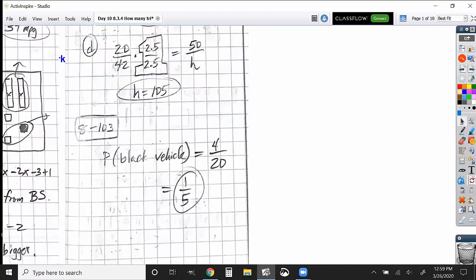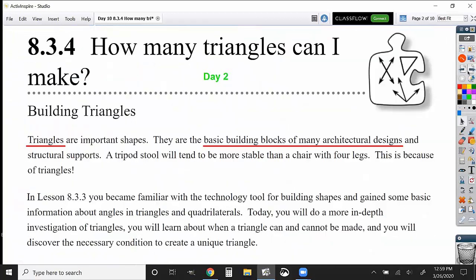All right. Moving on to our new lesson. So this is actually the second day of the lesson we did yesterday. How many triangles can I make? And yesterday we figured out that there are 6 different parts to a triangle, 6 measurable parts: the 3 angles and the 3 sides.